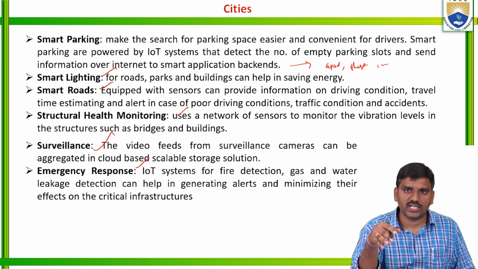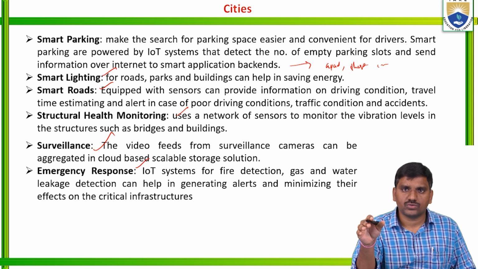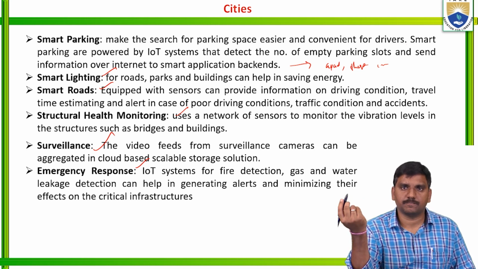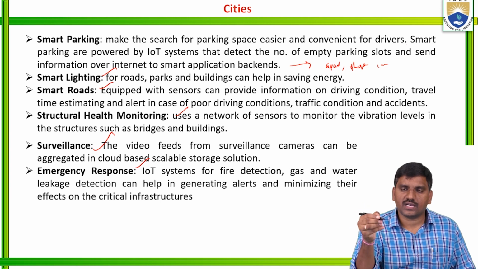When you use the IoT application there, it can detect where a slot is empty, and the information can be sent to the user immediately. So this is one of the main important applications of IoT, that is smart parking.